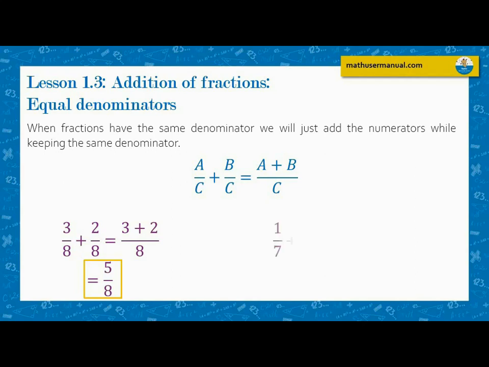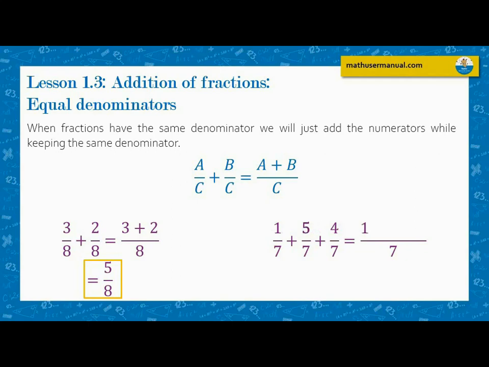Let's do one more example. This time we have three different fractions, but the three of them have the same denominator of 7. So no matter how many fractions we have, if the denominators are equal, we just need to copy them once and add all of the numerators.